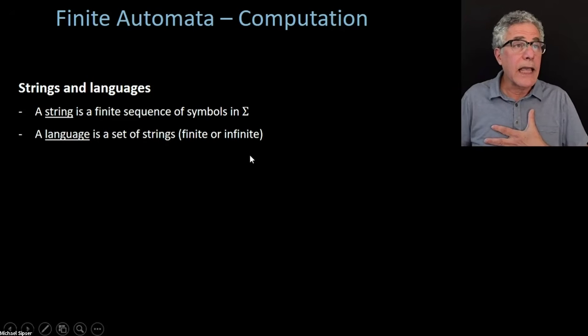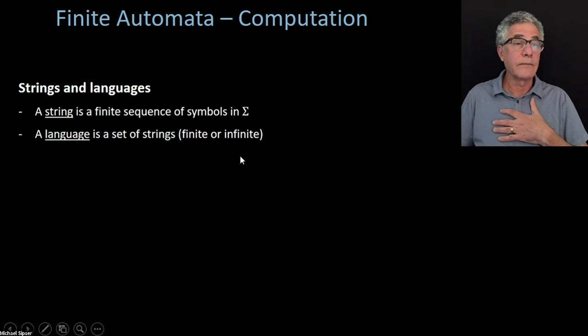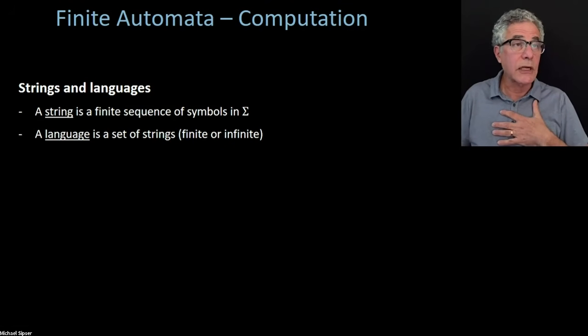And a language is a set of strings. That's the traditional way that people in this subject refer to a set of strings. They call it a language really because this subject had its roots in linguistics, actually. They were trying to understand human languages. So this is just a historical fact, and that's the terminology that's stuck.